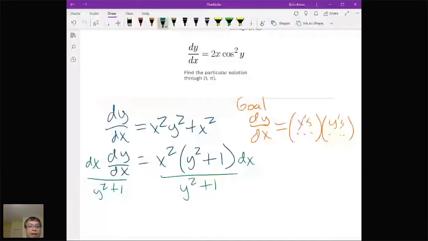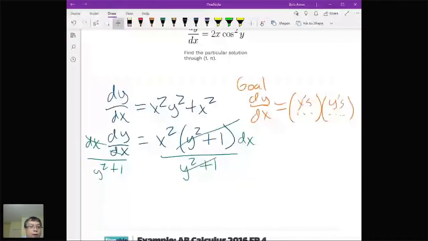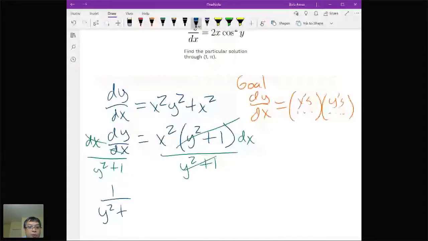Okay. So we get a cancellation here, get a cancellation here, and that leaves me with 1 over y squared plus 1 dy equals x squared dx.